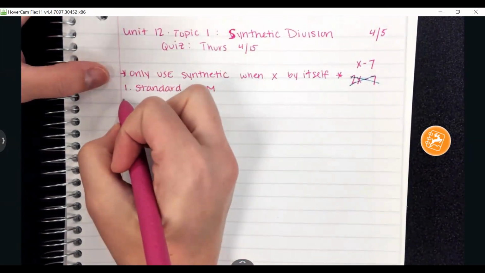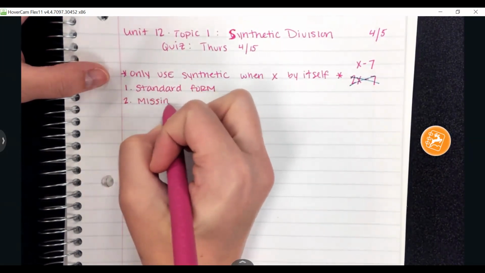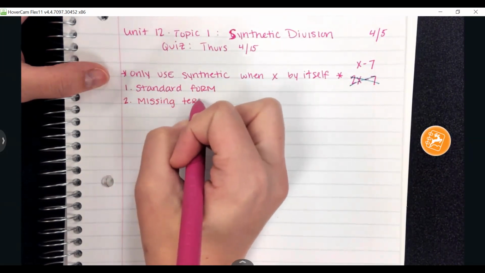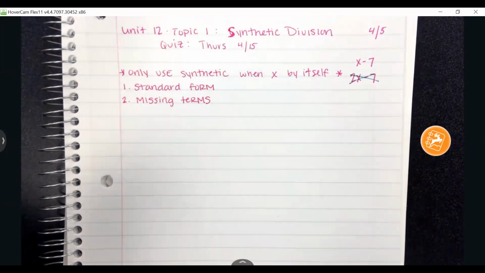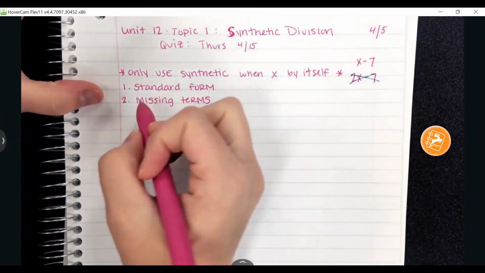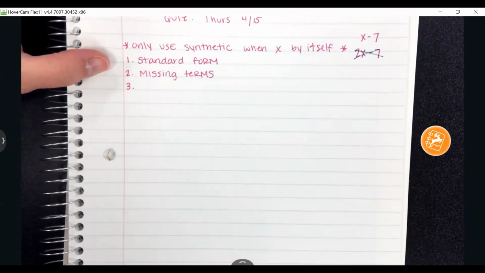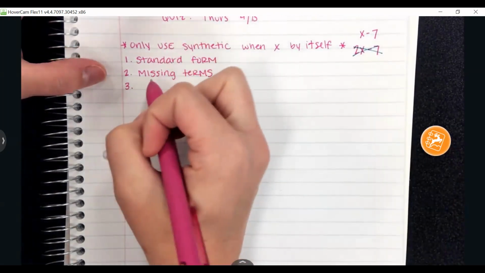Step number 2, you need to look for missing terms. So I can't have anything missing. That means I'd have to put in a 0 if something is missing. Step number 3, this isn't going to make sense till we get to our problem, but write it down.